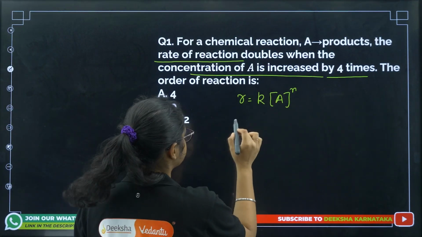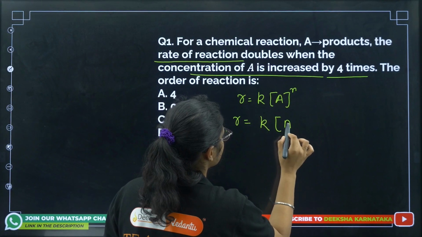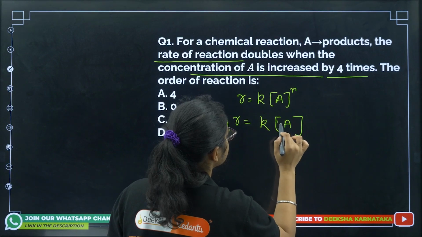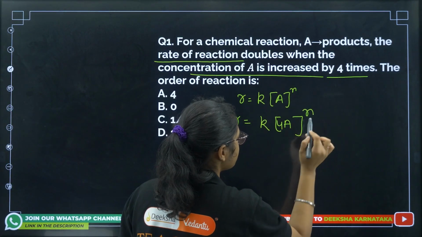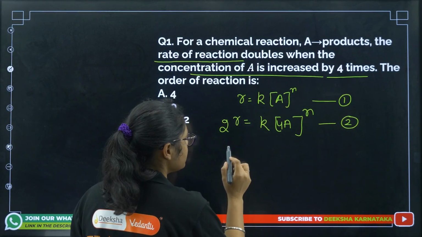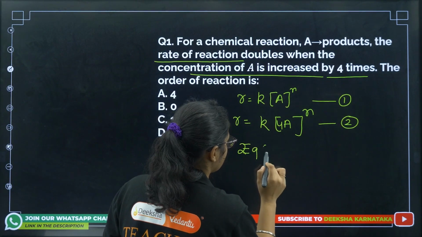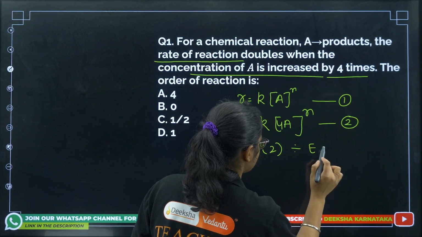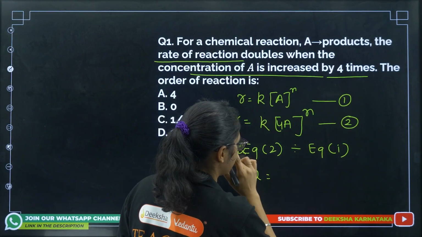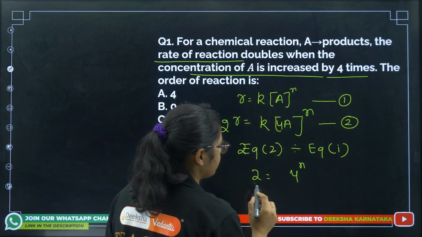Now, the rate is becoming double when the concentration has been increased to 4 times. So this is my equation 1, this is equation 2, let us divide them. Equation 2 divided by equation 1: 2r by r, that is 2, and then I'll get 4 to the power of n, as everything else cancels.